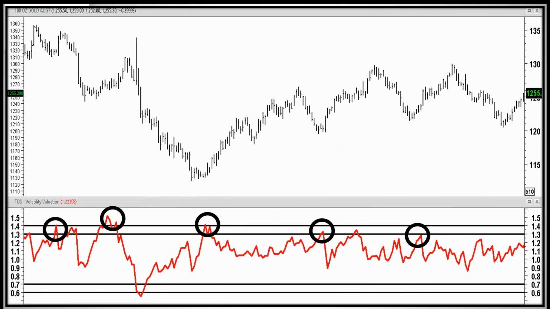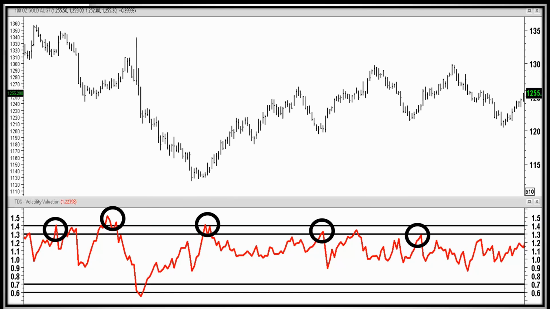Perhaps I should have begun the presentation with this. He said, low volatility is the environment when trends are born. High volatility is where they go to die. And that's a very, very good quote.